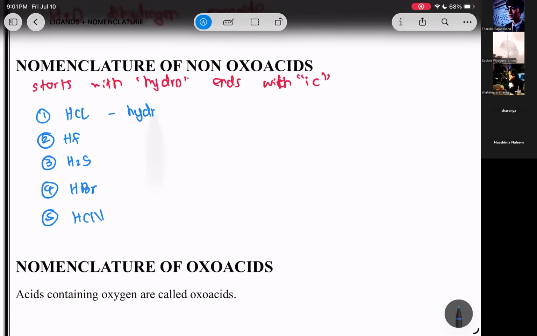This is hydrochloric acid. Chloric. How is hydrochloric? You write. This is hydrofluoric acid. This is dihydrosulfuric acid.